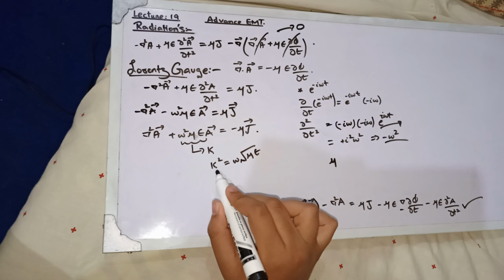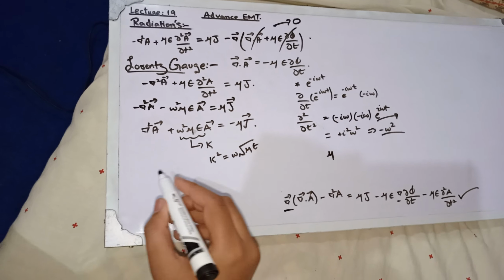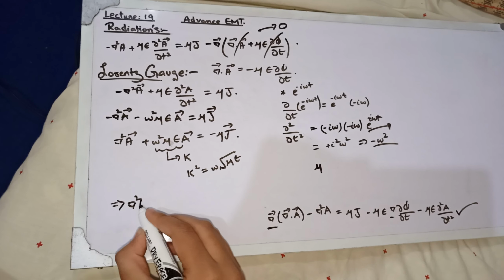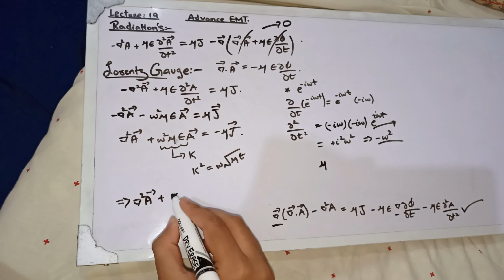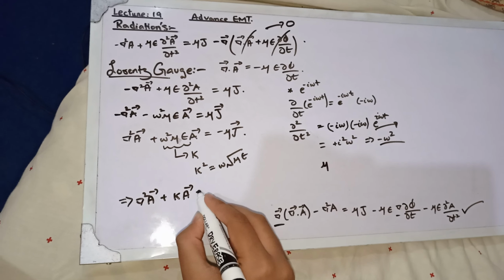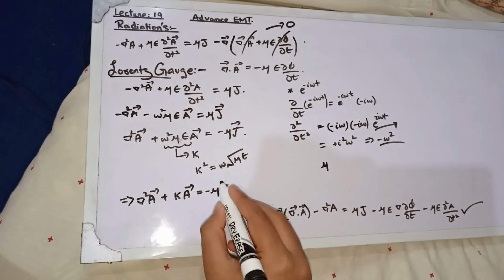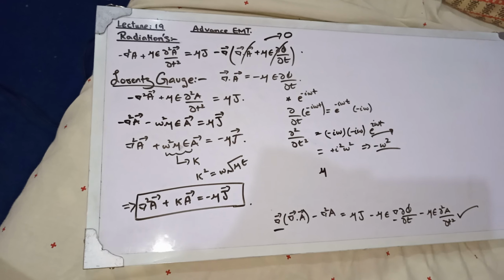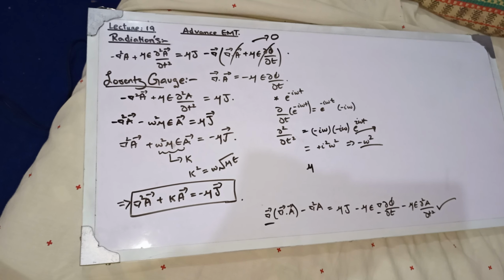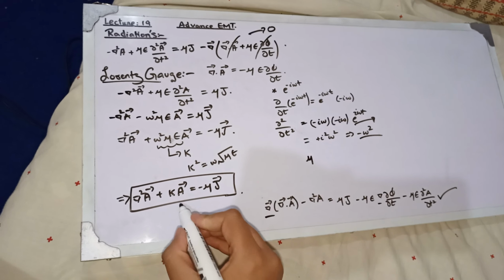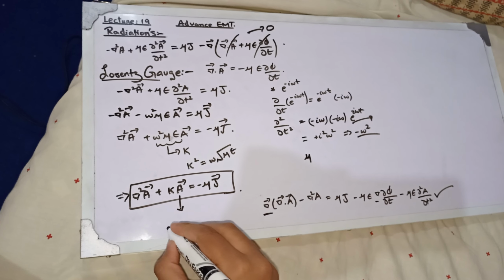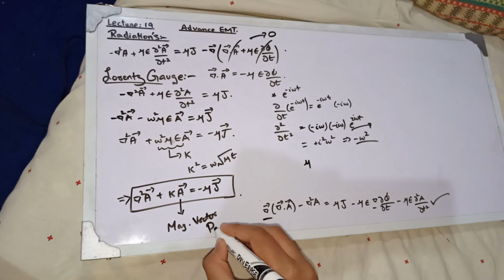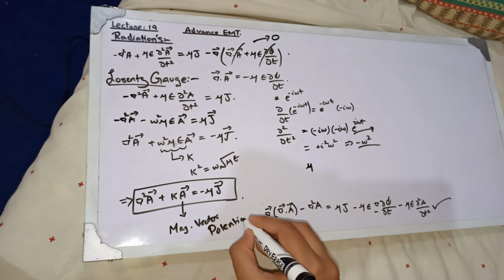So your final expression can be written as del square a plus k square a equals minus mu j. This is the final solution, which I mentioned to you, a, the magnetic vector potential general solution.